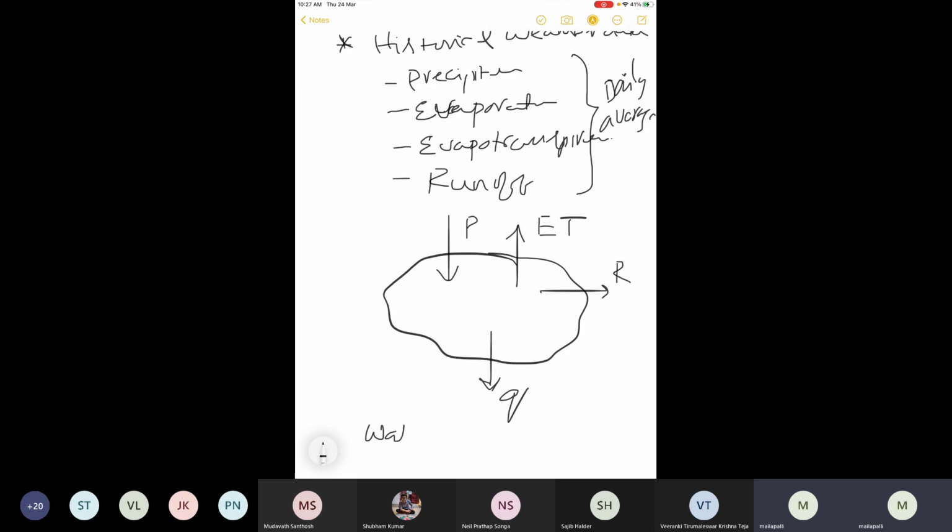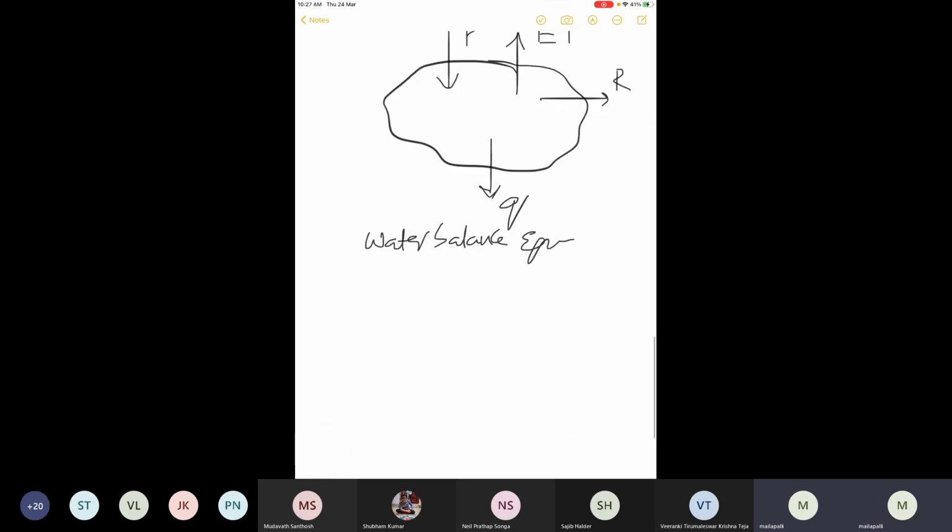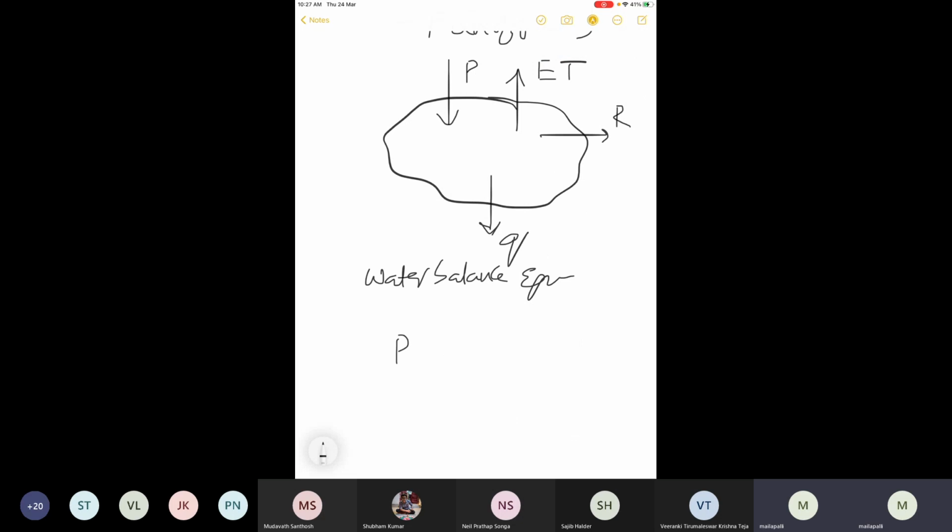According to the water balance equation, the precipitation is equal to evapotranspiration plus runoff plus drainage Q. So Q is equal to P minus ET minus R. If you know the daily historical values, let's say 10 years, for precipitation you take 10 years of daily values and average them.